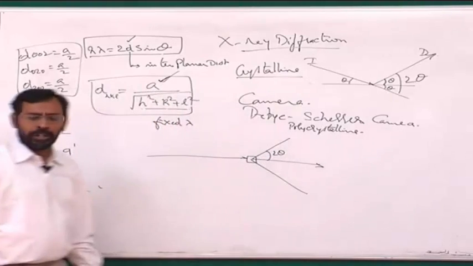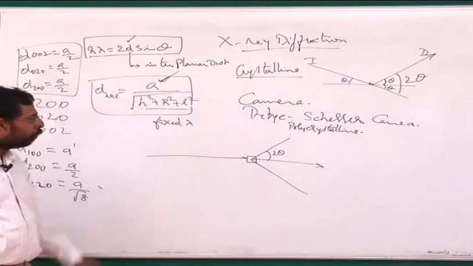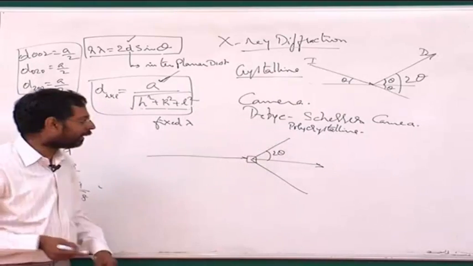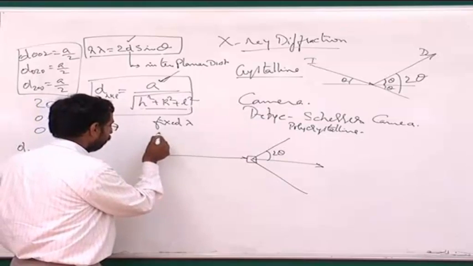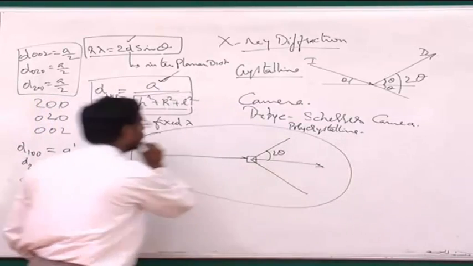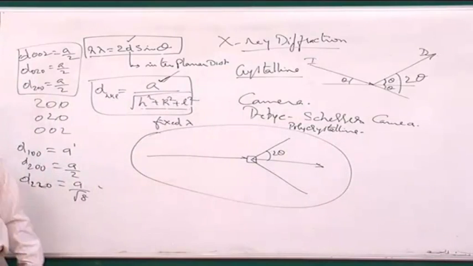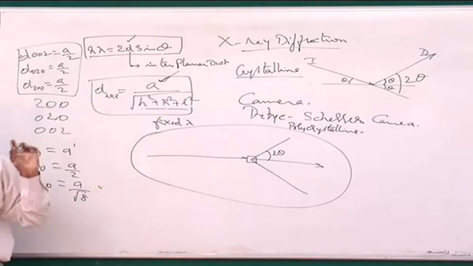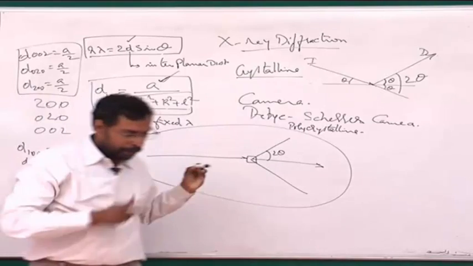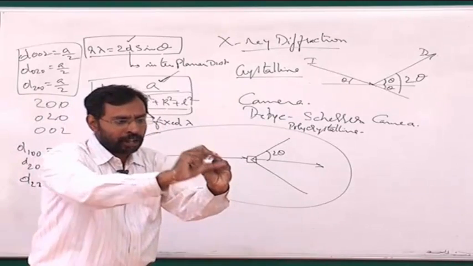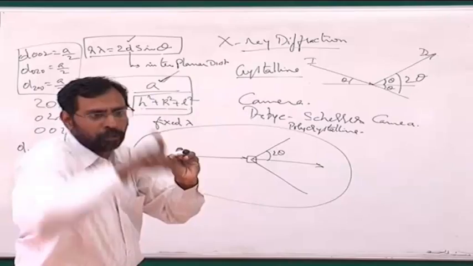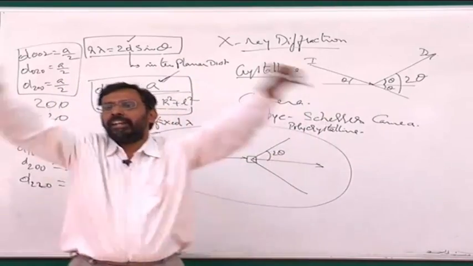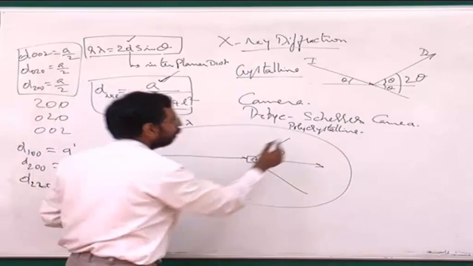And in order to make sure that these diffracted beams are collected, I put a film like this, like a strip of film. So you have a beam coming like this, and the beam falls onto a sample, and the beam comes out in all the directions, and you put a cylindrical strip of film, and the beam falls here.